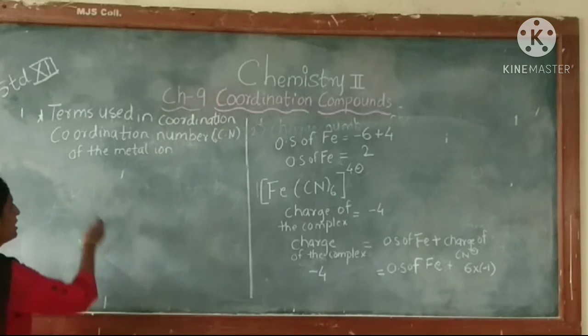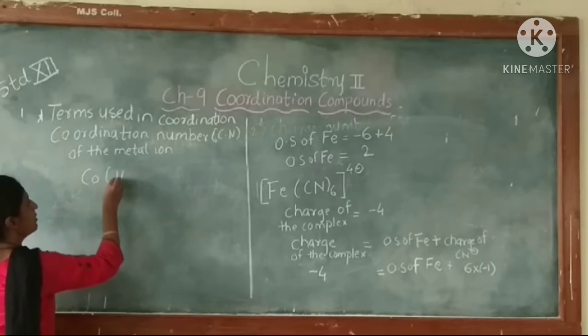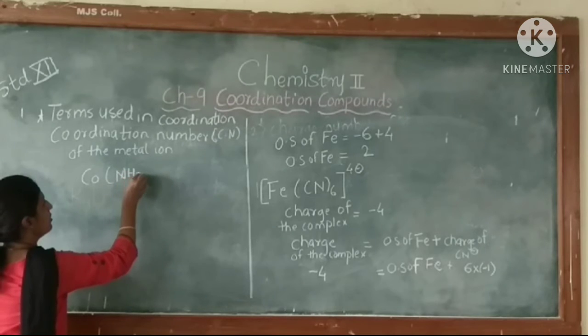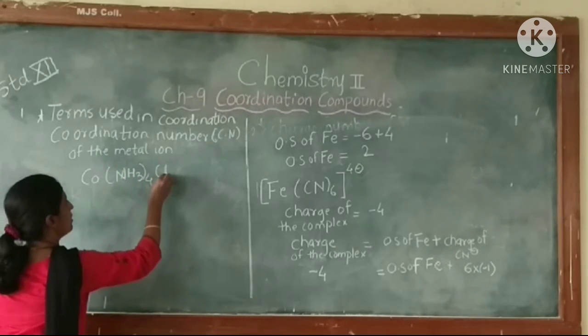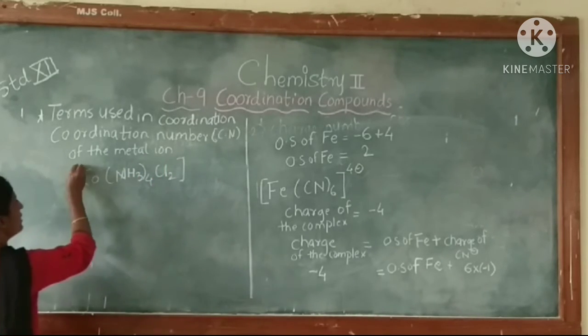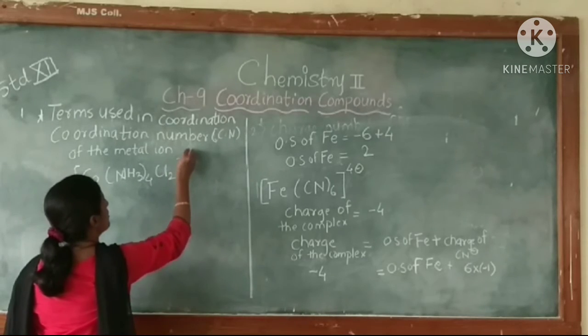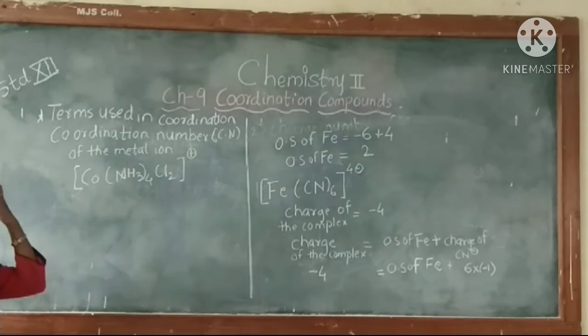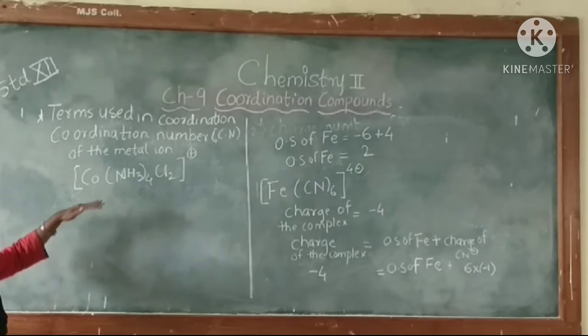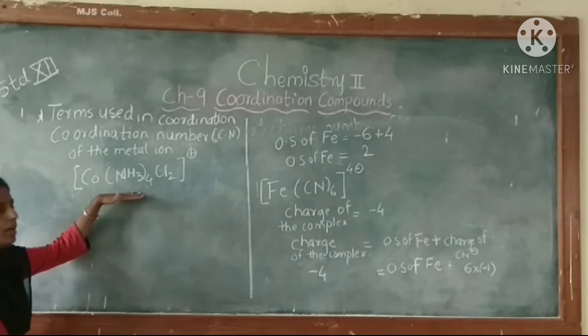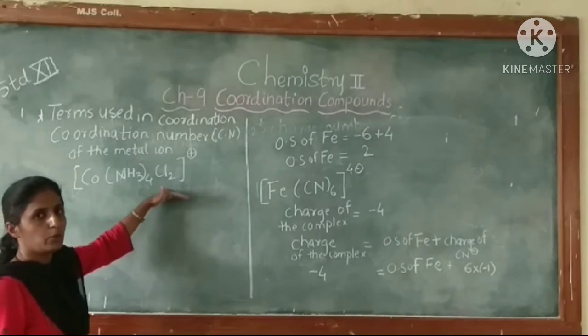Let's see with the help of an example. Cobalt. Now the cobalt complex over here is having 4 molecules of ammonia and 2 of chloride.